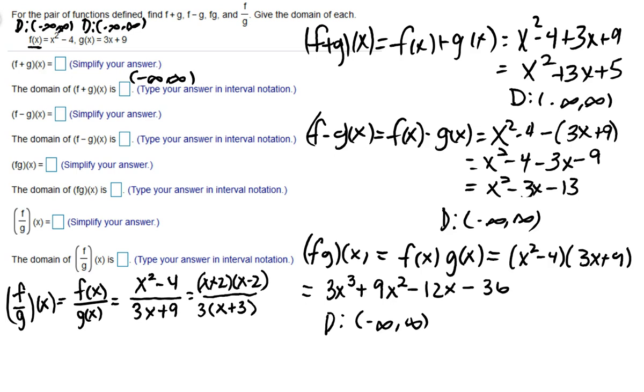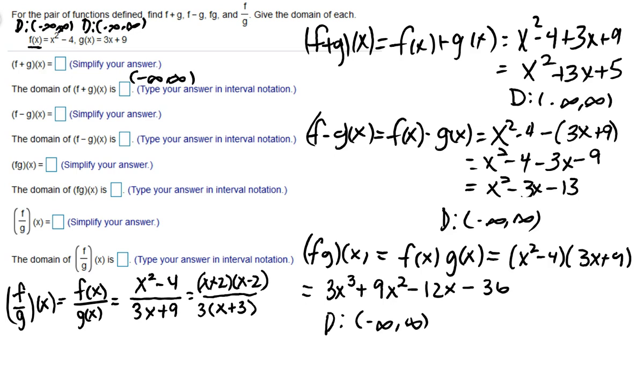The next part says find the domain of f over g. So this one is different than the previous examples. In all three previous examples, adding, subtracting, and multiplying created another polynomial function. But when you divide two polynomials, you don't create a polynomial function, you create a rational function. With rational functions, we're worried about the denominator being 0.